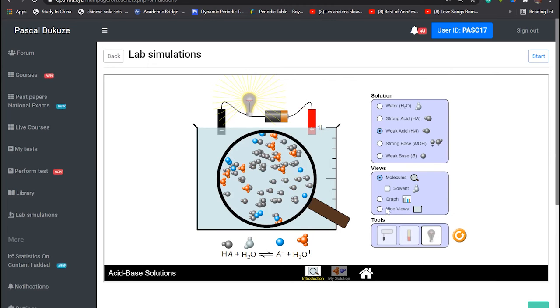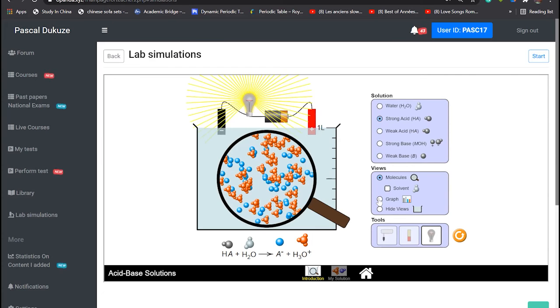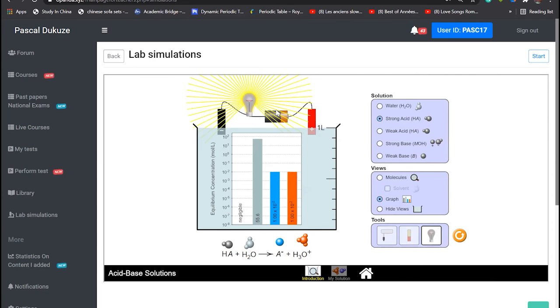So here also, as I said, we can use the graph. When you use this graph, let's remove this electric circuit. When you use a graph, you can see that we have a very high concentration of the dissociated species. And here we have a negligible concentration of the combined acidic molecules.